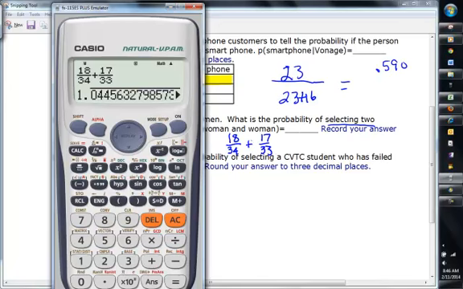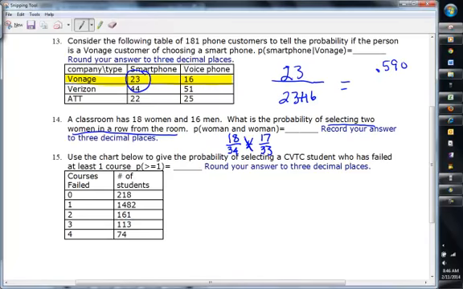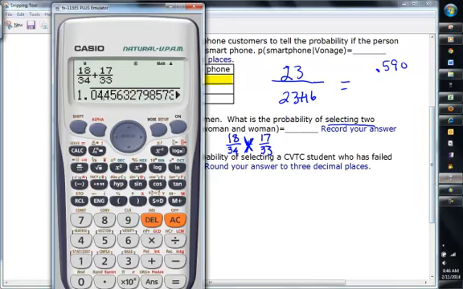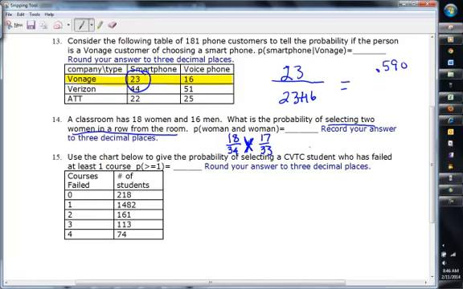It's not plus, it's times. You notice how I knew I made a mistake? Because I got a number bigger than 1. So that's quality control. 18 out of 34 times 17 out of 33 is 0.273. Okay.